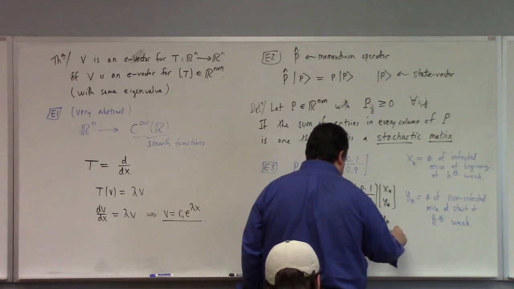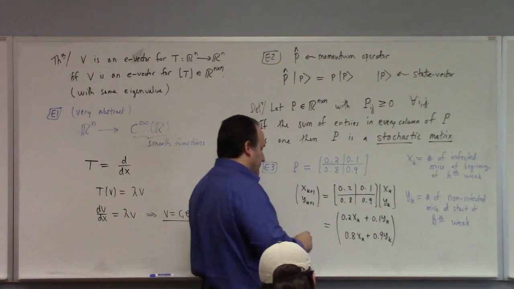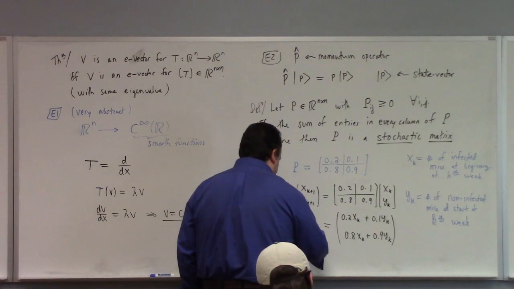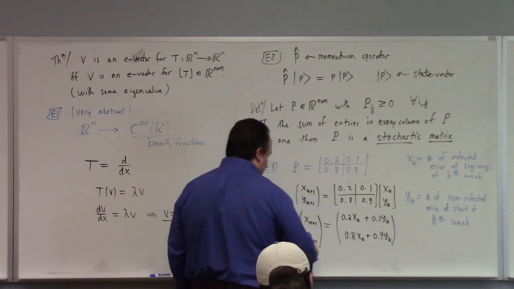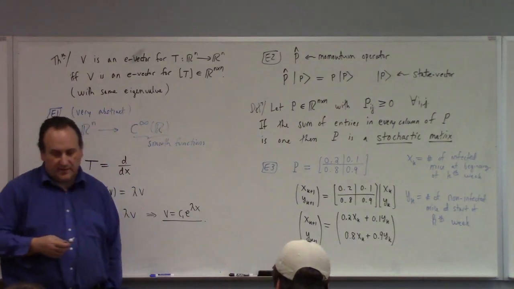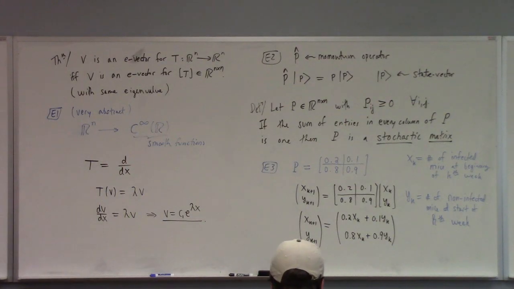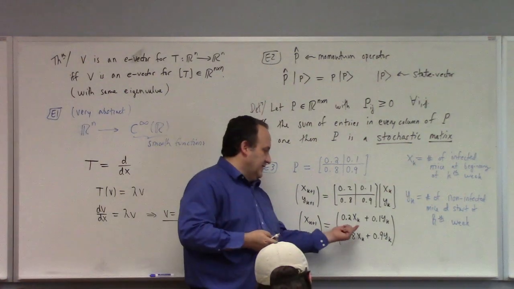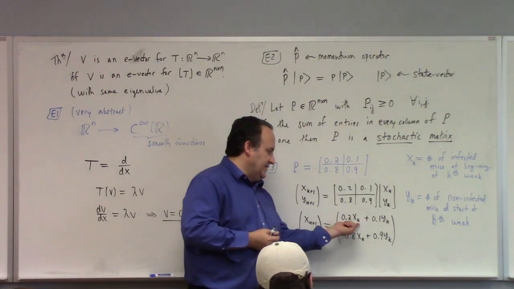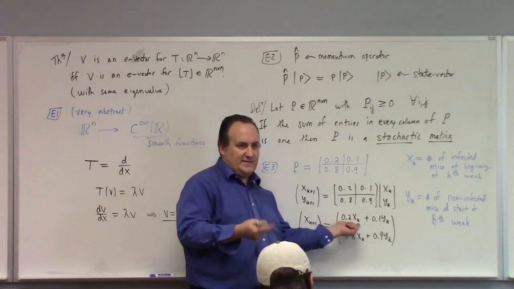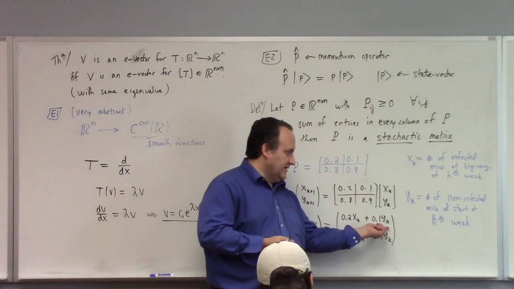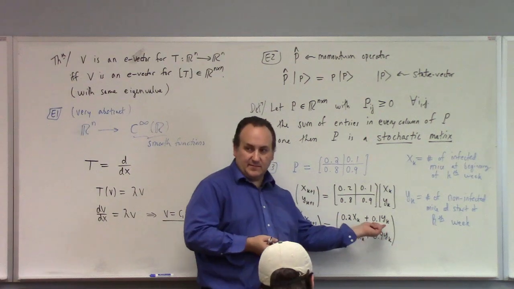Now let's talk about what these formulas mean. The first row says that in the next week, 20% of the mice that were sick in the previous week stay sick, and 10% of the non-infected mice get sick.